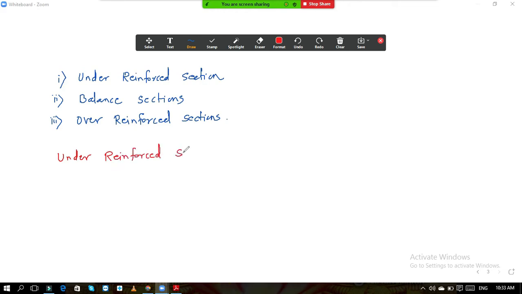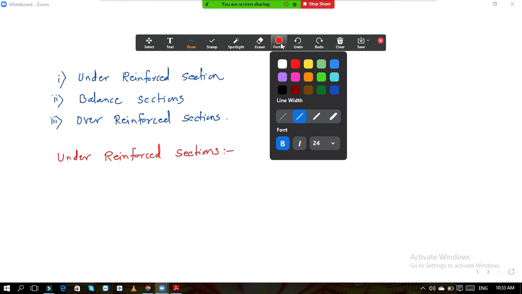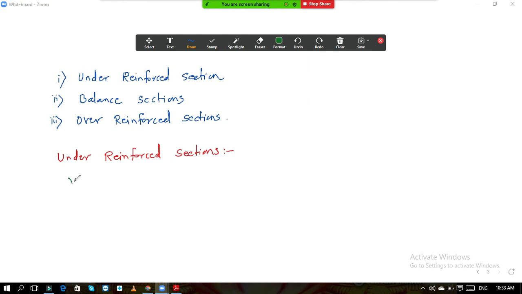Under reinforced sections. So which are the under reinforced sections?